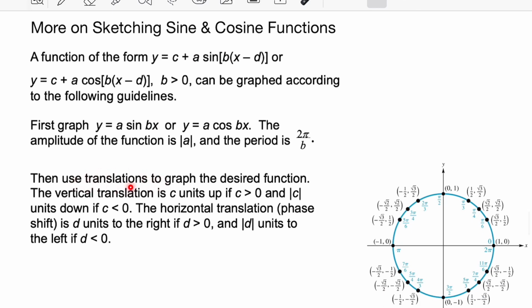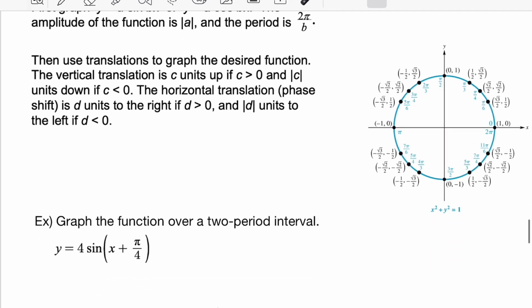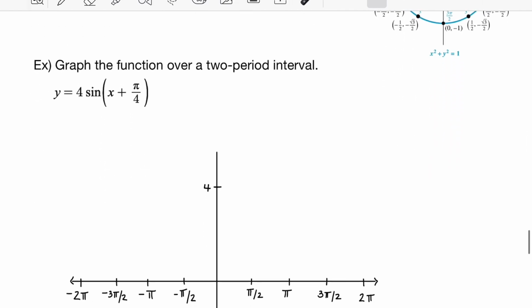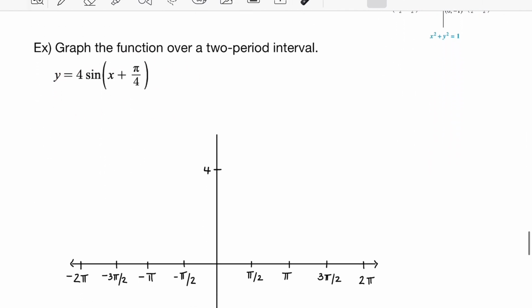Then we'll use our knowledge of horizontal and vertical translations to graph our desired function. So let's look at this example here. We want to graph this given function over a 2-period interval. So the first thing we'll do is recognize what our amplitude and period are. Our amplitude in this case is 4, and our period is just going to be 2 pi. Our b here is 1.